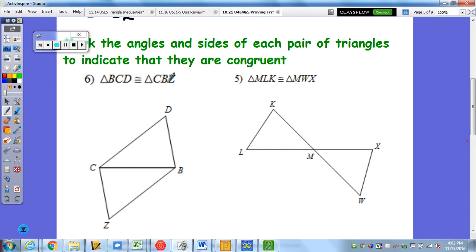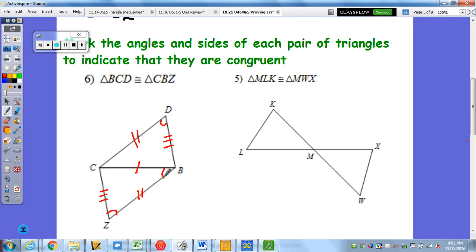BC is congruent to CB. CD is congruent to BZ. And then we can see here that DB is congruent to ZC. Angle D is congruent to angle Z. DCB is congruent to ZBC.